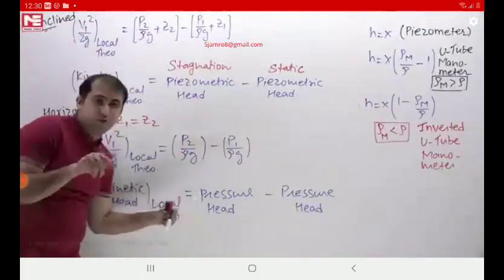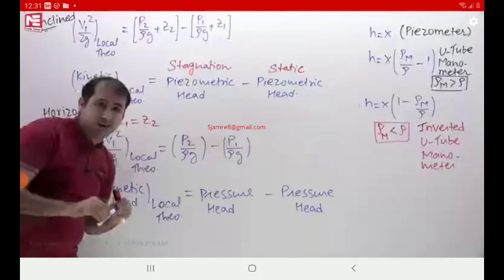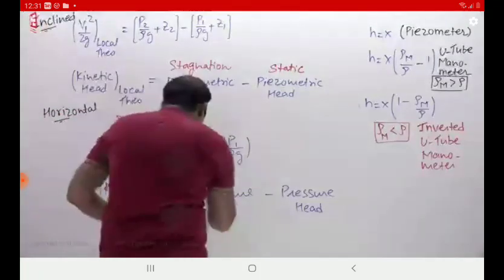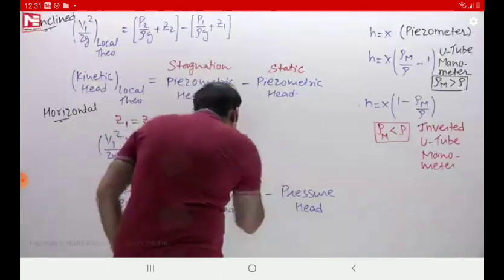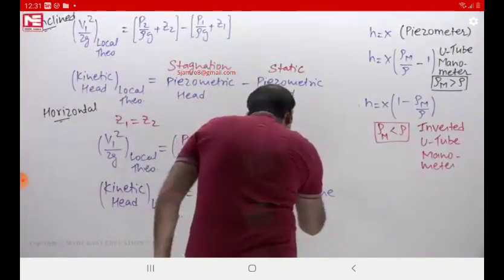And this is pressure head at point 2. Point 2 is stagnation point. So this is stagnation. And this is the water static.